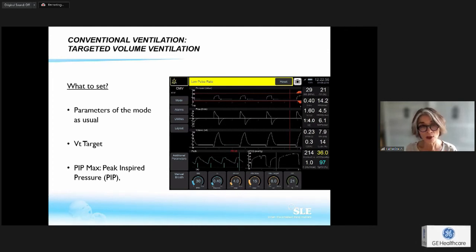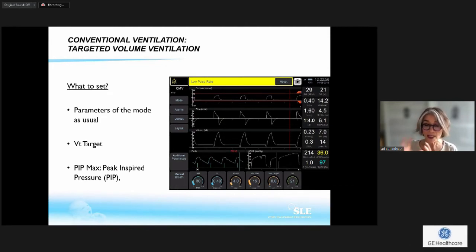Whenever you use VTV, or targeted tidal volume, or volume guarantee, you will set how much targeted tidal volume you want, and then the ventilator will do your job. It will titrate the PIP to reach the tidal volume that you want. But as you do at the bedside, you don't know exactly how much pressure you need to reach your tidal volume. For the ventilator, it will be exactly the same thing.